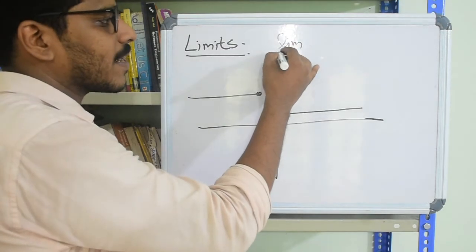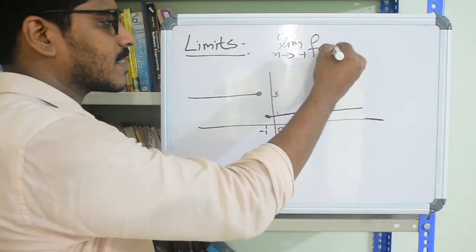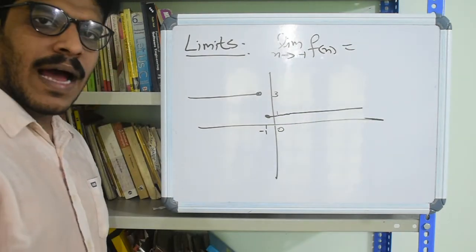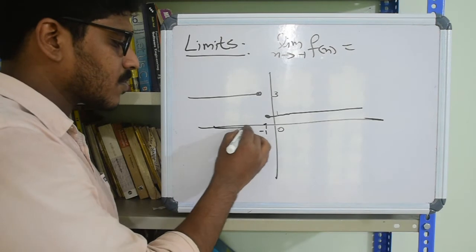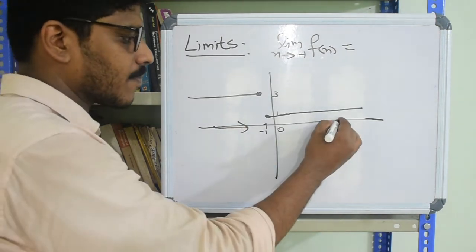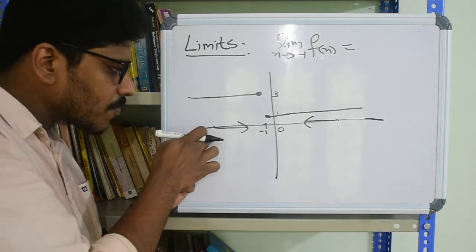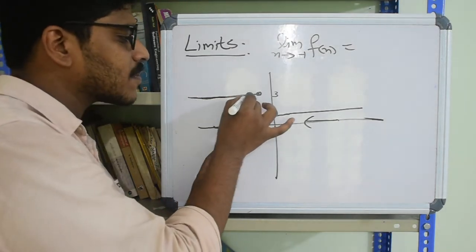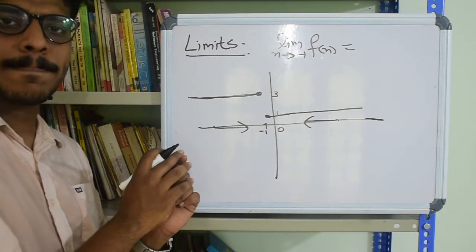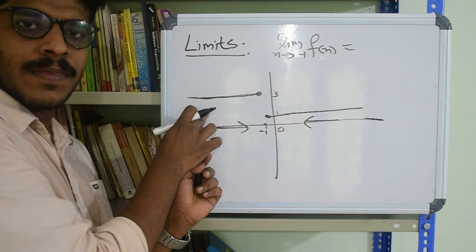So if you are asked to find the limit as x tends to -1 of f of x, as we have done before, this is -1. We have two choices of motion, either from the left side or from the right side. As we move from the left towards -1, the value of the function moves towards 3. Or it's actually constantly 3 here.